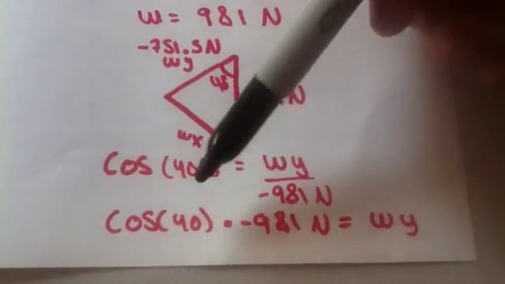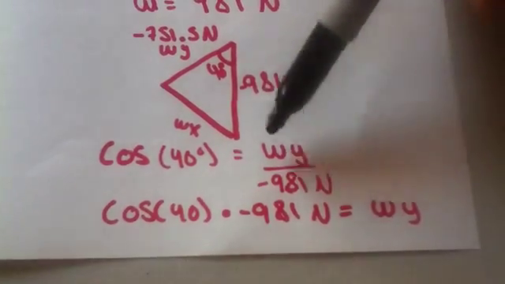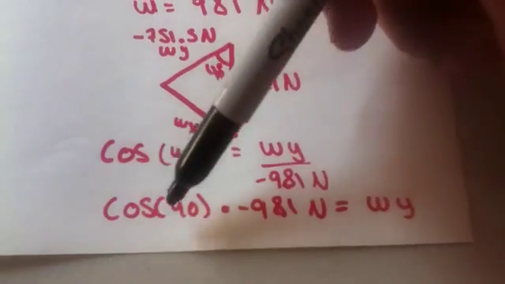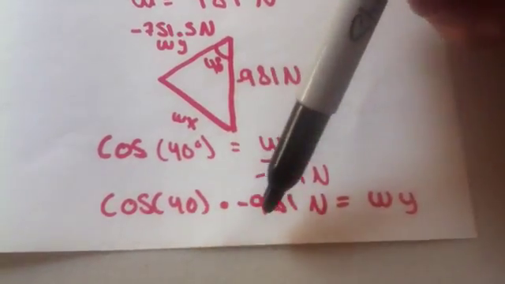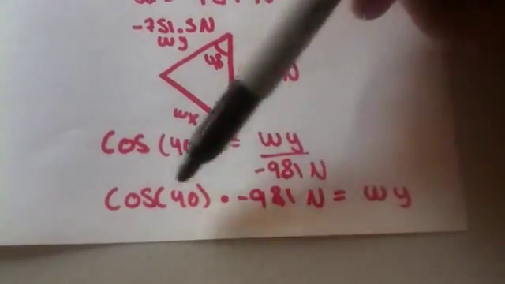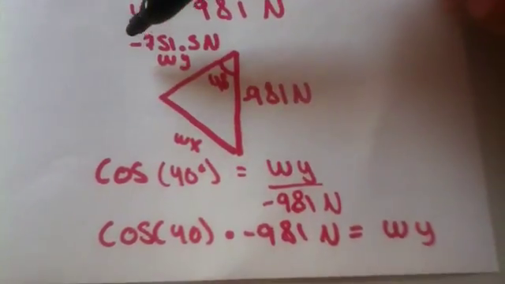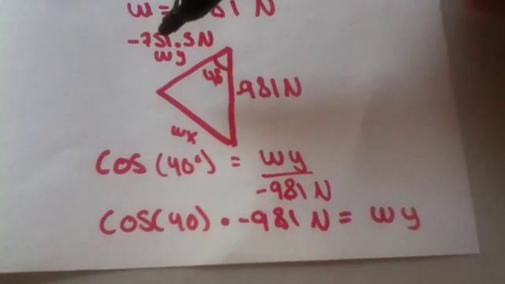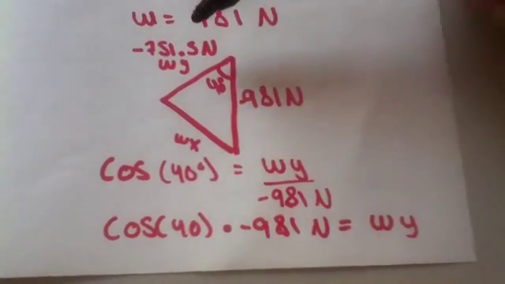So we have cosine of 40 equals weight in y over the hypotenuse, the weight. At the end we have cosine of 40 times the weight is equal to the weight in y. After that multiplication, we have that the weight in y is minus 751.5 newtons.